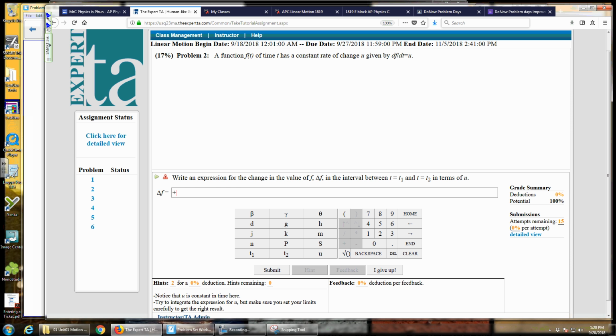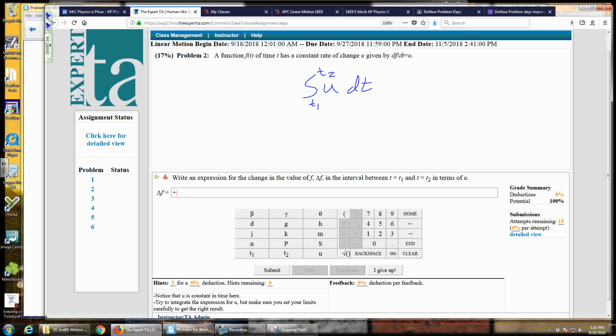So what it's saying is integrate u from t1 to t2 of dt. Alright?